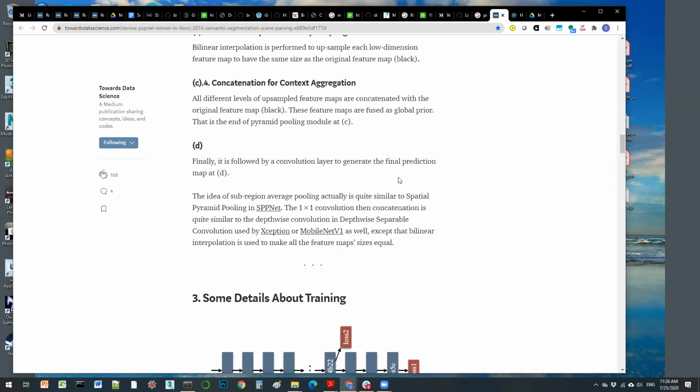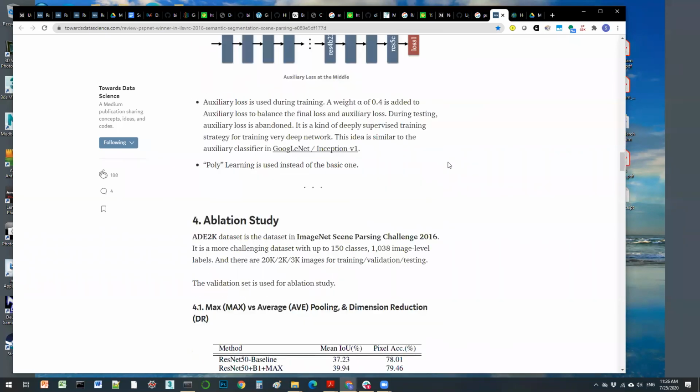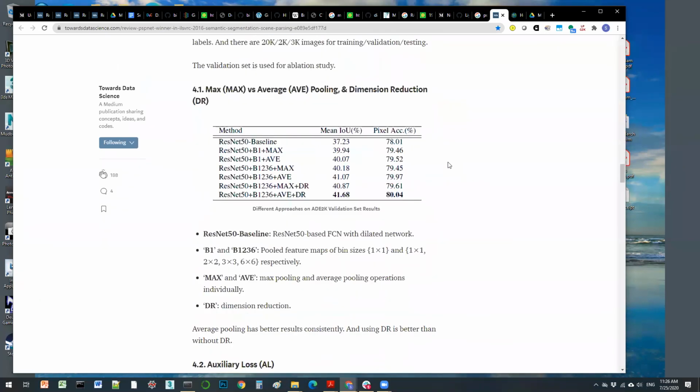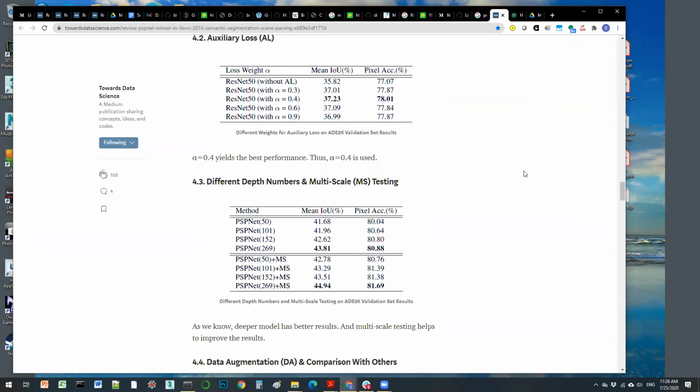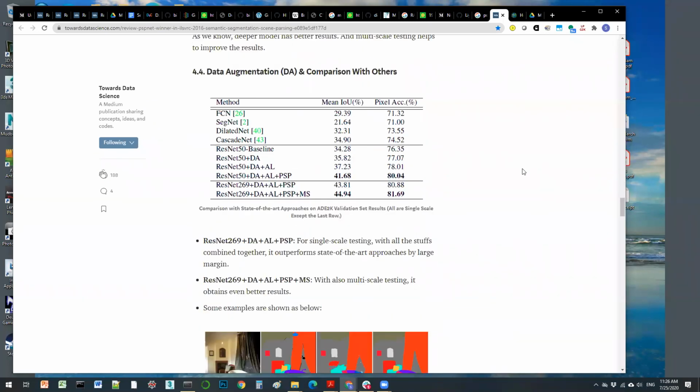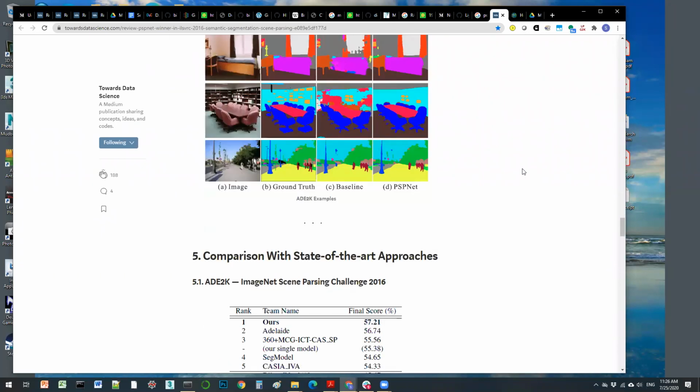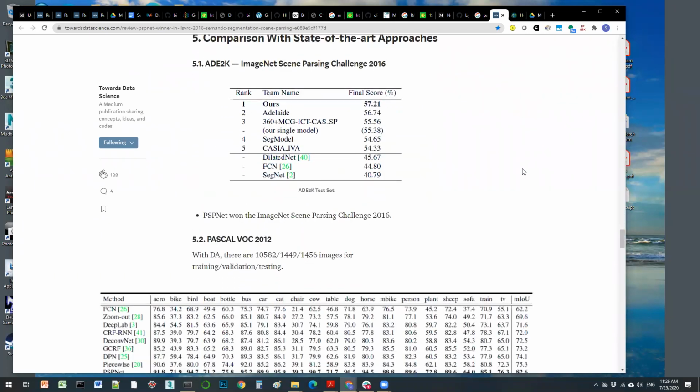So that corresponds to the final convolution we saw here before the final prediction. Right? And then it talks about this auxiliary loss, and then the ablation study, the multi-scale testing, the data augmentation they do, and then the comparison.